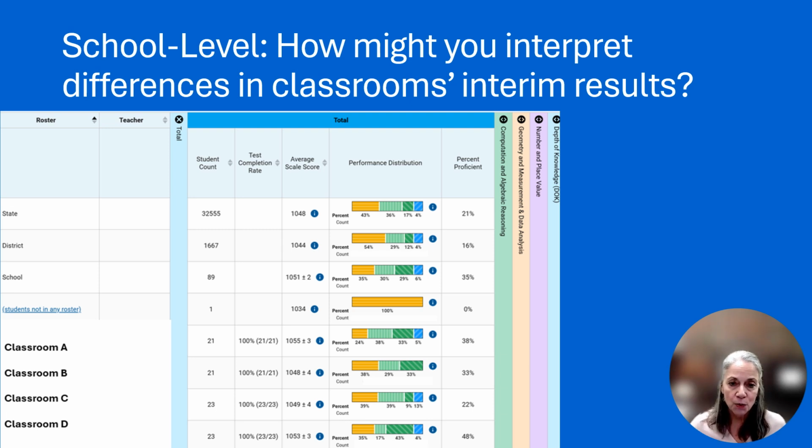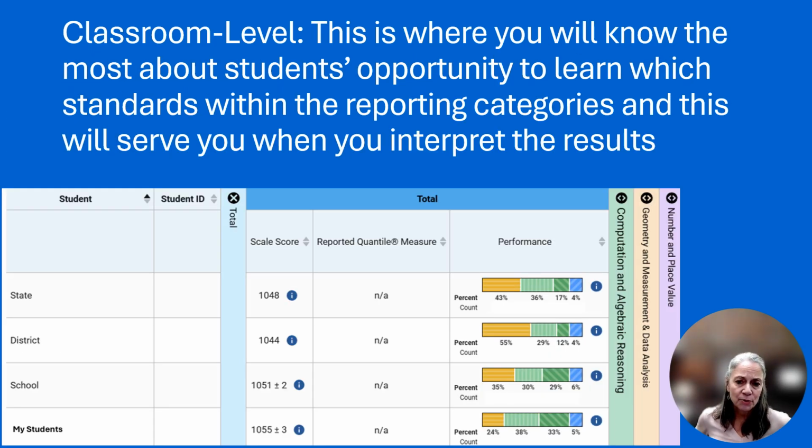So let's dig into this. What can you get out of the information we get at interim? At the classroom level, this is where you will know the most about students' opportunity to learn, as the classroom teacher, or as an instructional specialist who's very familiar with what has been provided to students in the way of instruction and opportunity to learn, and in which standards and which areas. Because this is closest to understanding what's already been taught, this will serve you very well when you interpret the results.